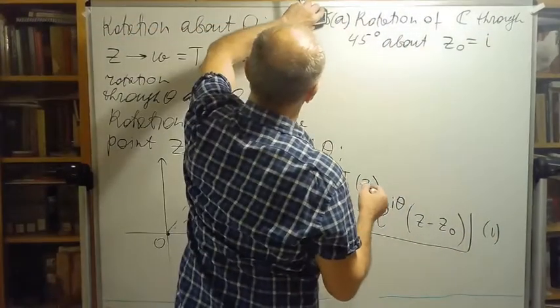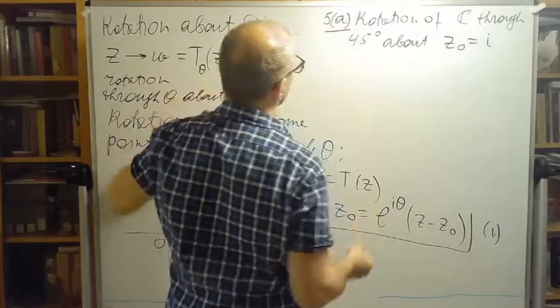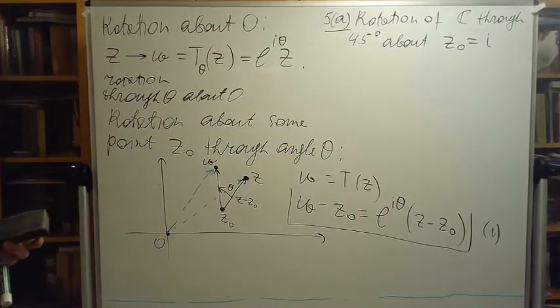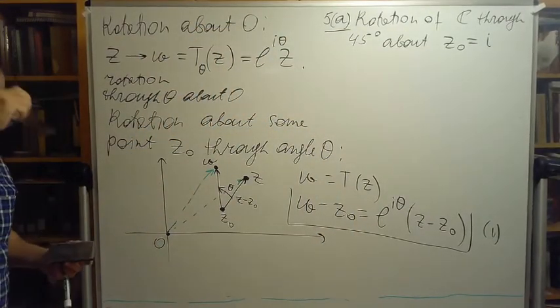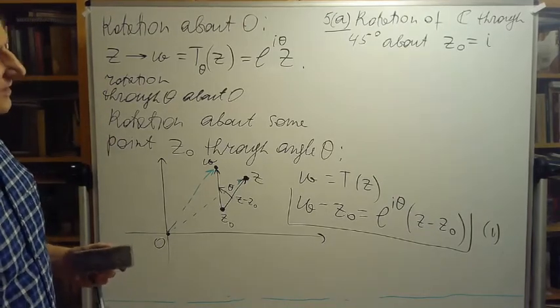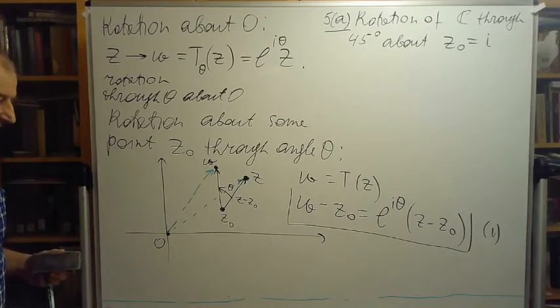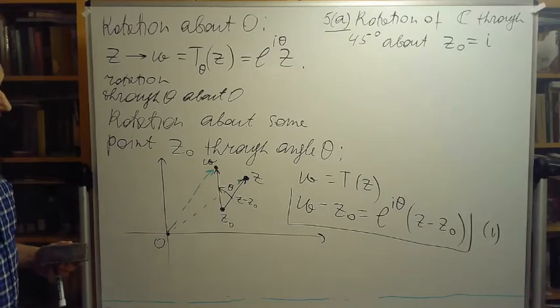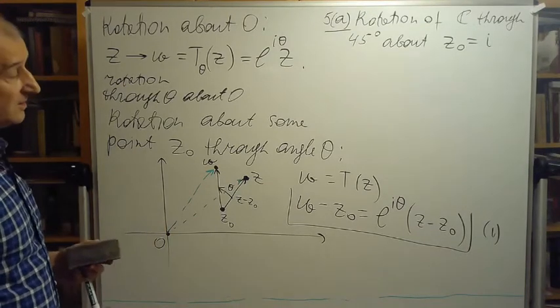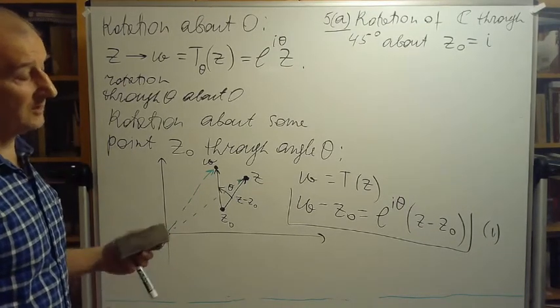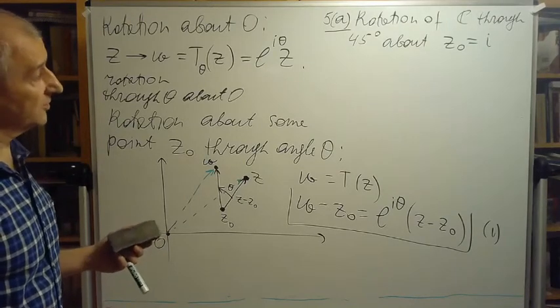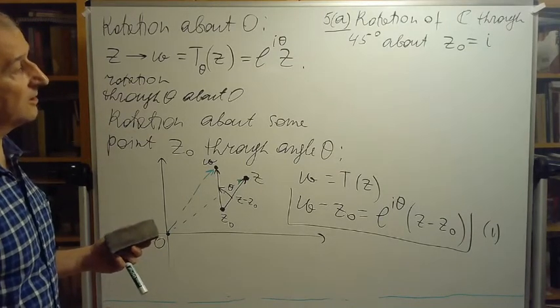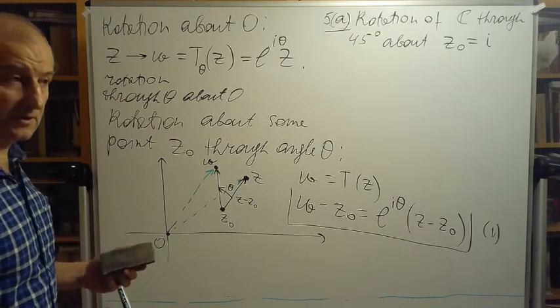So it is problem number 5a. In some textbooks of linear algebra, they like saying rotated counterclockwise, rotated clockwise. If it says rotated through 45 degrees, it means counterclockwise. If they wanted to say rotated through 45 degrees clockwise, they would say rotated through negative 45 degrees.